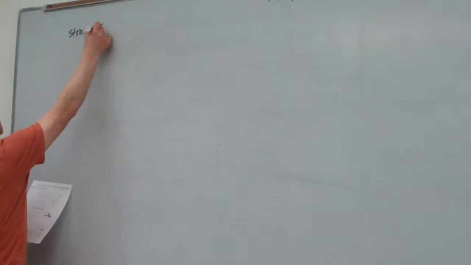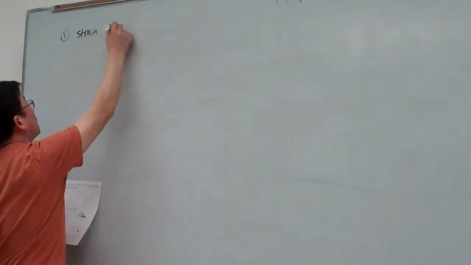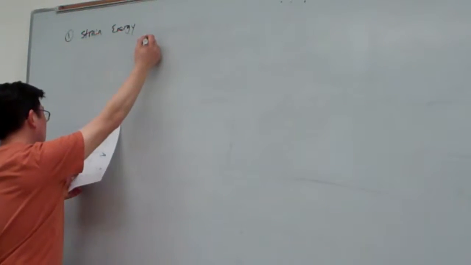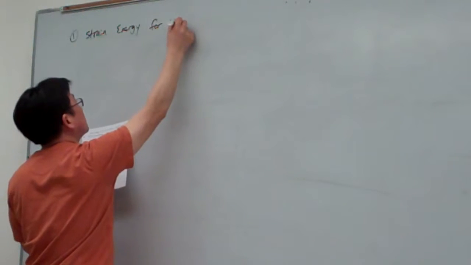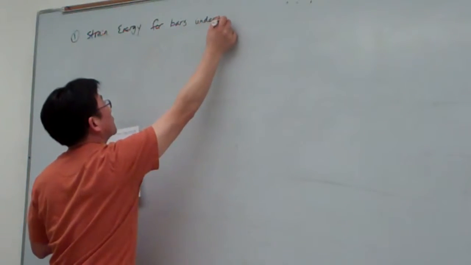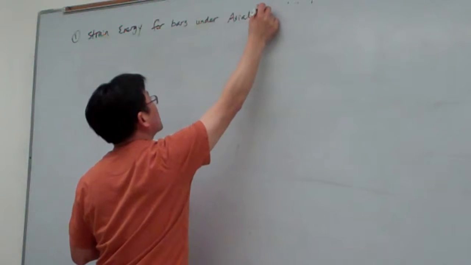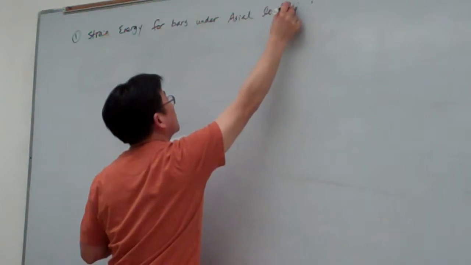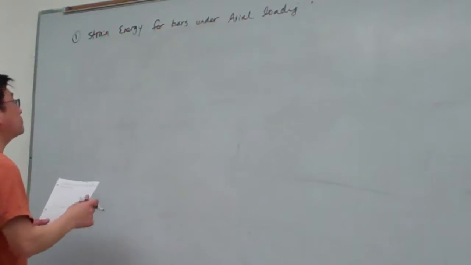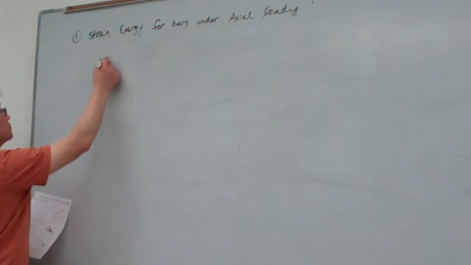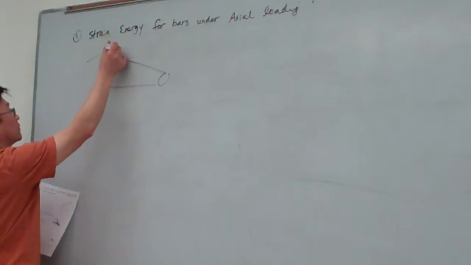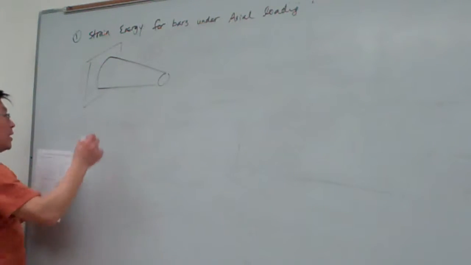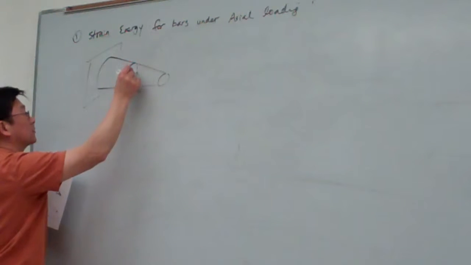So the first one, the strain energy for a rod under axial loading. Here we assume that it's not uniform in general. Consider a cross section here.